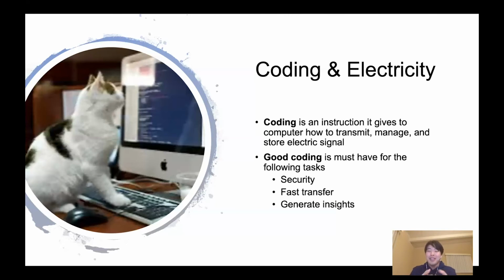Would you be able to text someone if it takes 2 minutes? I don't think anyone can even wait 10 seconds nowadays. Okay. So fast, efficient transfer of information is especially important nowadays. Generating insights. Your coding should be something insightful, not just something that doesn't fulfill the task. So keep those in mind.